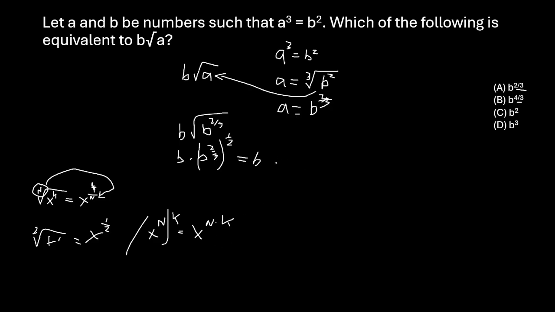So then it will be b to the 2/3 power times the 1/2 power, and because they are fractions we can just cancel these.